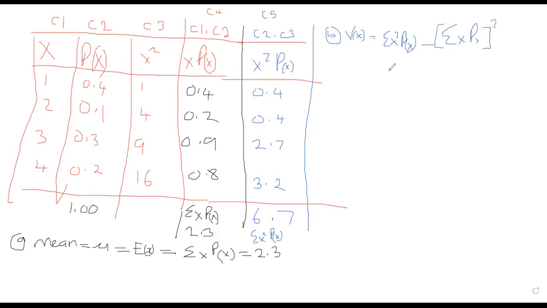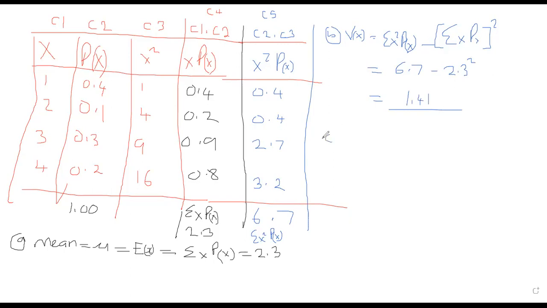So 6.7 minus 2.3 to the power 2. What do we get? 6.7 minus 2.3 squared. 1.41.